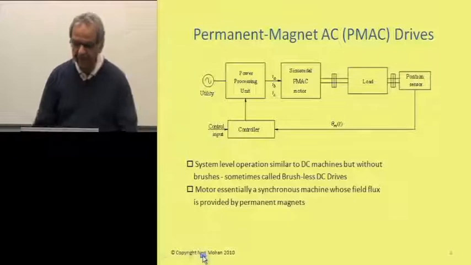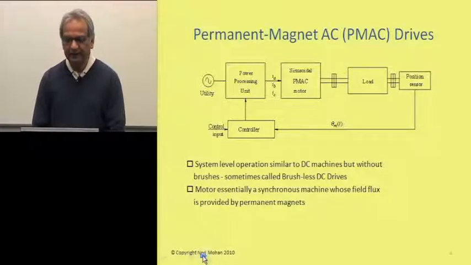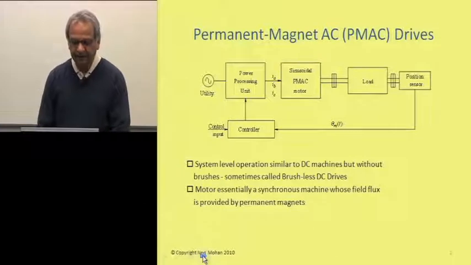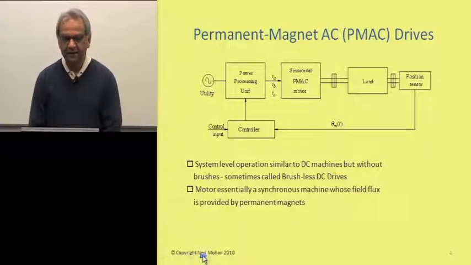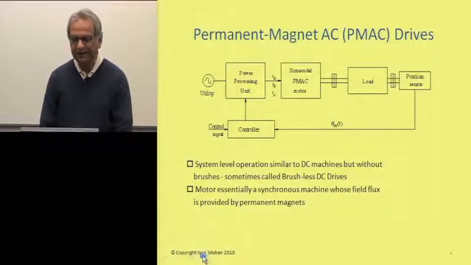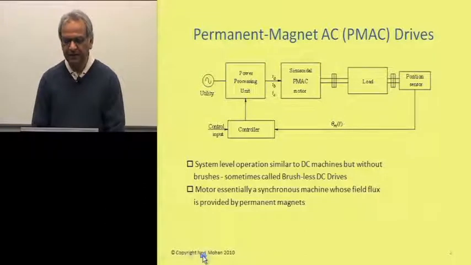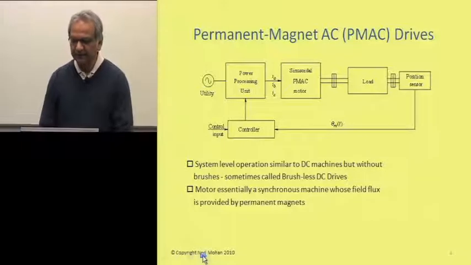So let's look at the block diagram here. They most of the time operate in a closed loop fashion, as shown by this block diagram, where we have power coming from the utility, and then we have this power processing unit made up of power electronics that, under the direction of this controller, is supplying these currents into this sinusoidal PMAC motor that we will see in a minute, and driving this load.